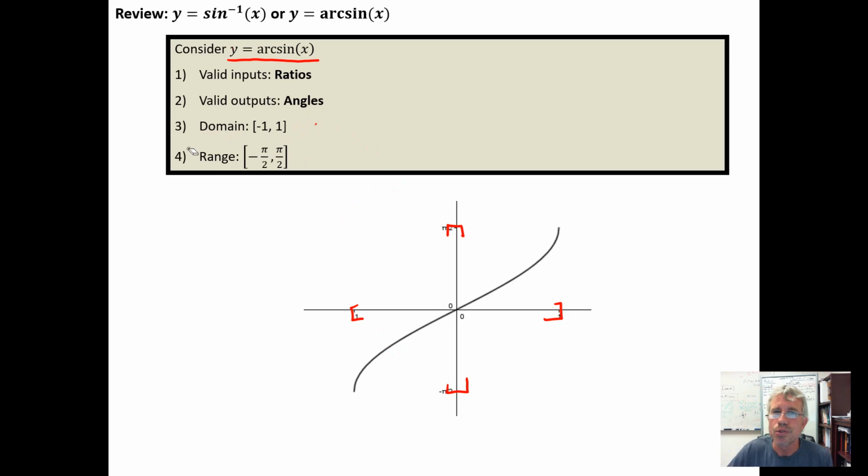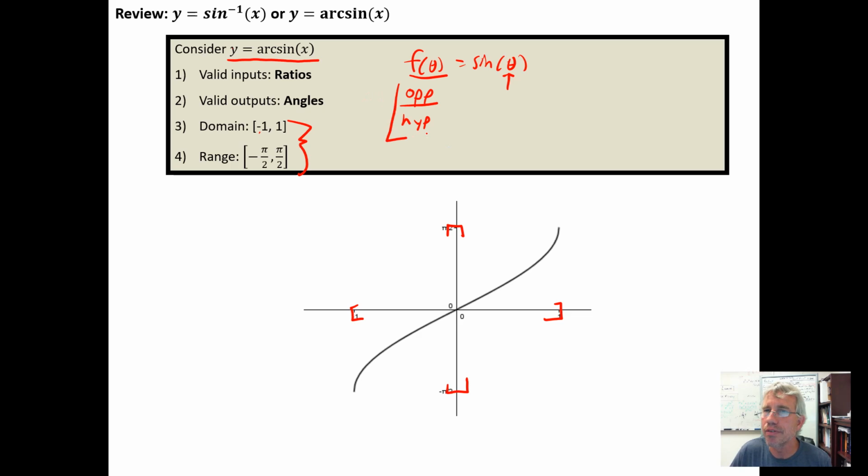So this is an important piece right here. You can input into the arc sine function side ratios from negative 1 to 1. So remember, when we're working with the sine, if we have f of theta equals sine theta, we input angles, and the outputs are side ratios, opposite over hypotenuse, or y over radius if we're working in the xy plane.